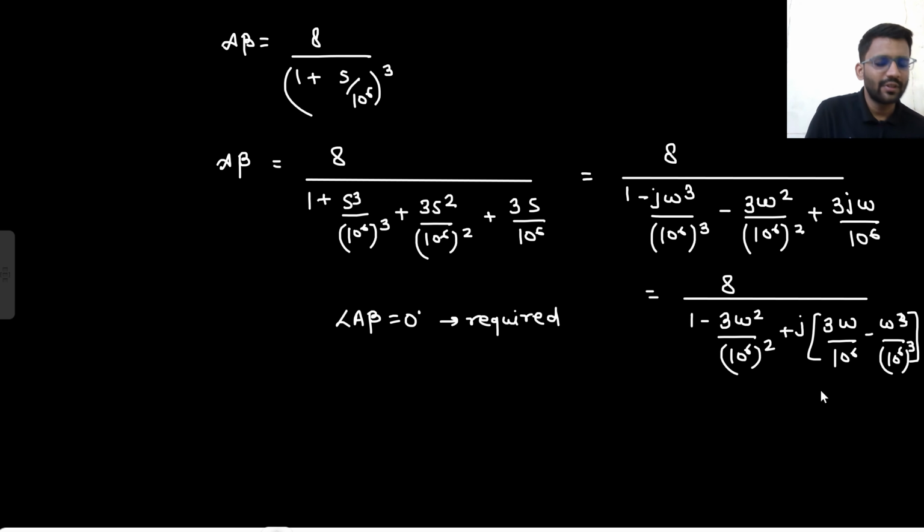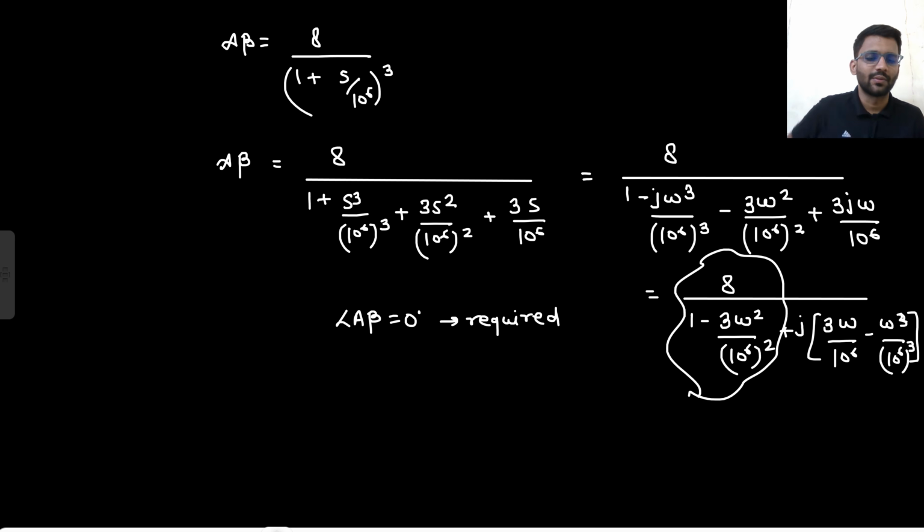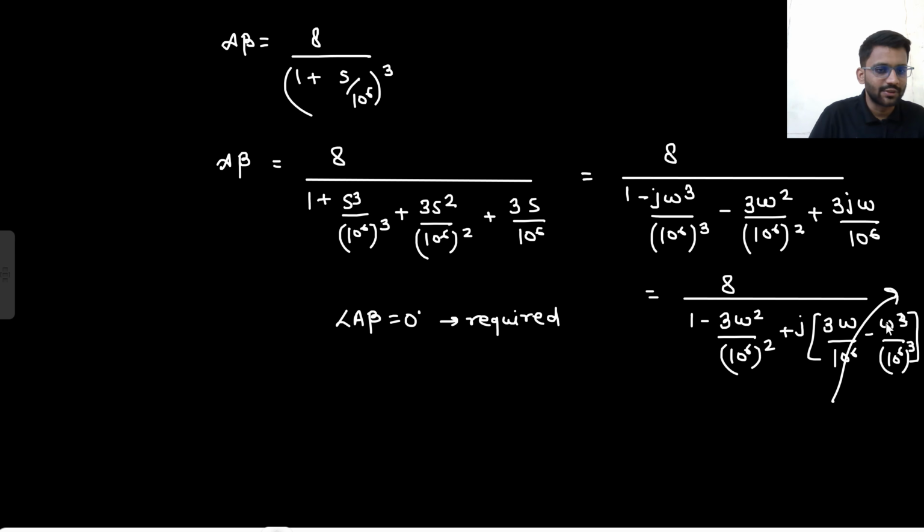If I put this part equal to 0, then this value will be real, right or not? So you need angle of A beta to be equal to 0 degree.